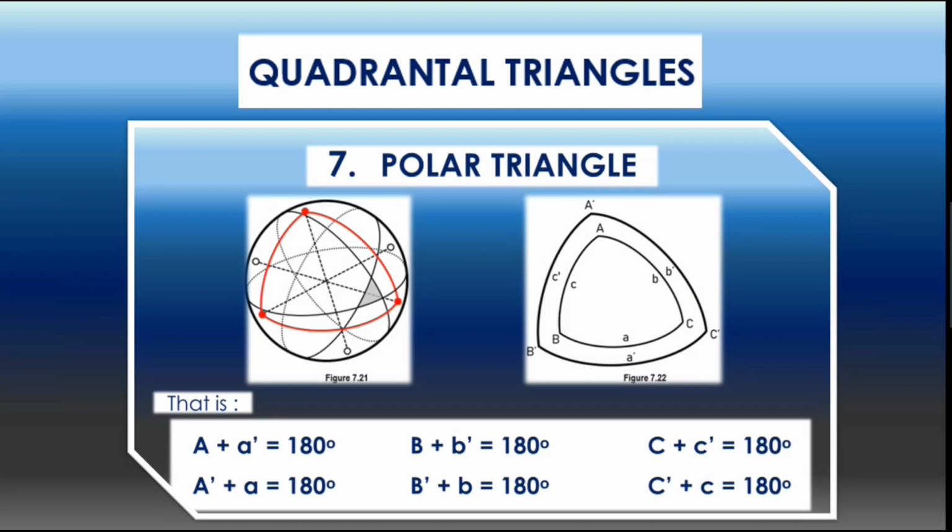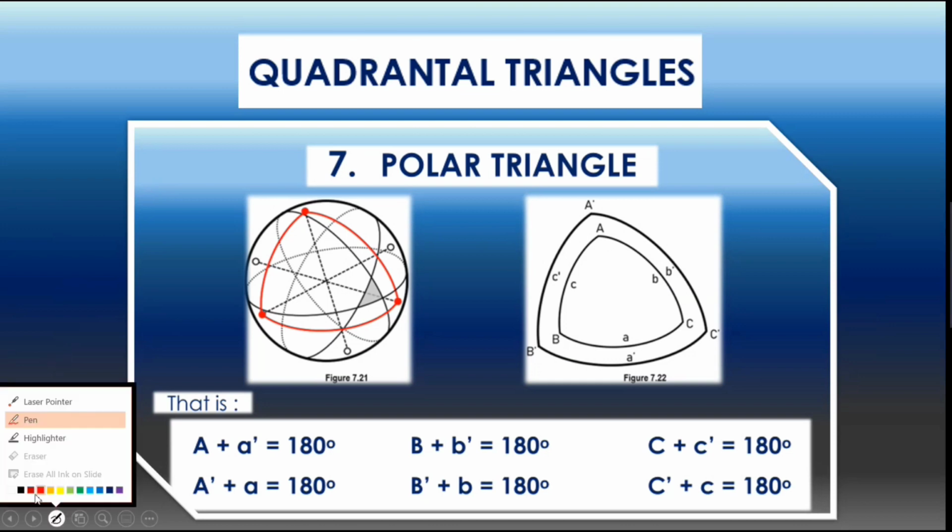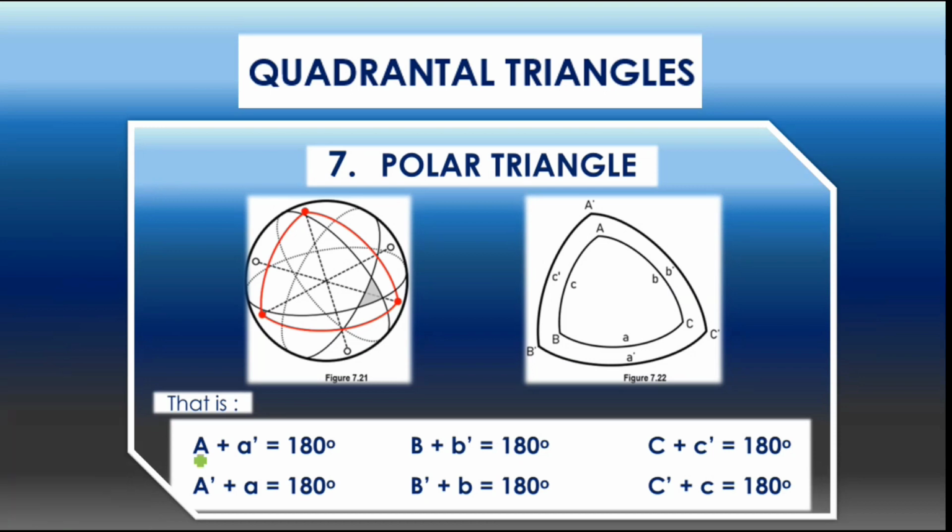So just remember that if we do have a polar triangle and a spherical triangle, just remember these six equations that you can see below. So just remember this, okay?